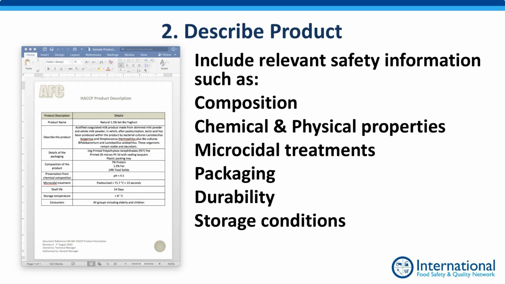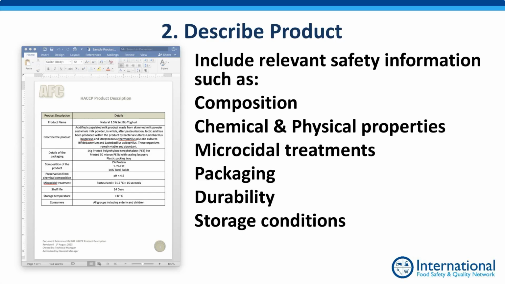So we need to include relevant safety information such as composition, including raw materials, ingredients, allergens, and recipes, the origin of the ingredients, physical and chemical characteristics that may impact on food safety, such as available water, pH, preservatives, allergens, processing methods and technologies: heat treatment, freezing, drying, brining, smoking, etc.